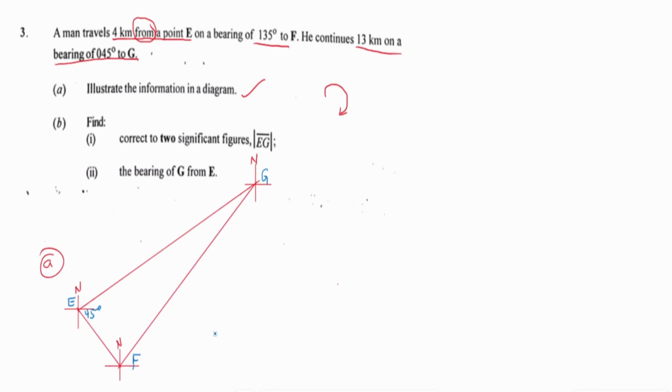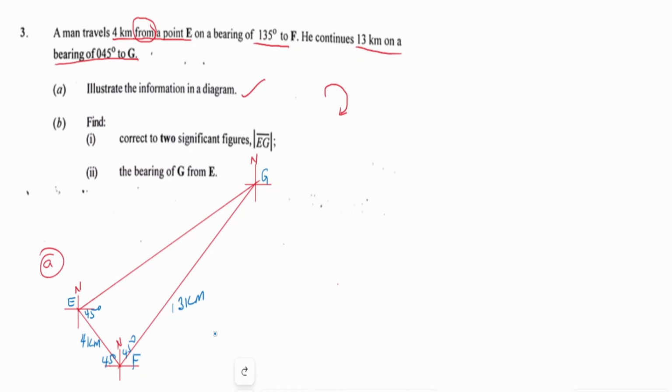And then that means that here will also be 45 degrees, since the two of them are alternate interior angles. And then this is 4 kilometers, and this is 13 kilometers from F to G. And then this is also 45 degrees according to this part of the problem.